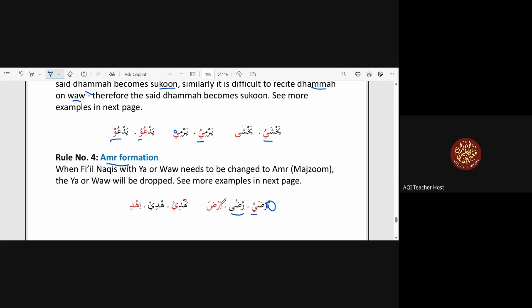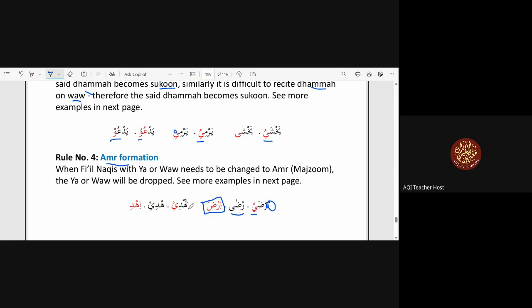After that, hamzatul wasl comes and it gets kasra because the ain kalima has fatha, so it becomes irdo. This is the final amr formation of tardiyu.